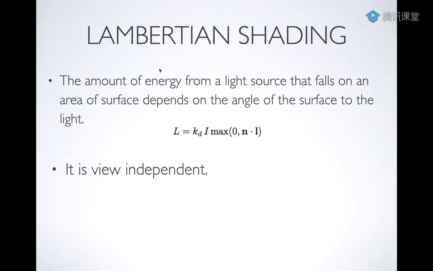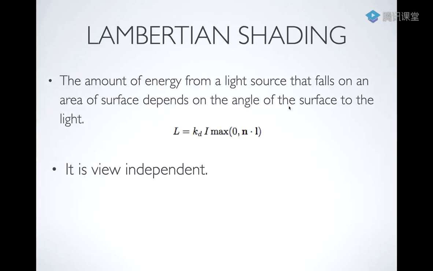In roughness, what we use is a diffuse model, or Lambertian model. So what is the diffuse model? The diffuse model supposes the object is rough enough that the brightness or shading is only decided by the angle of the surface to the light.